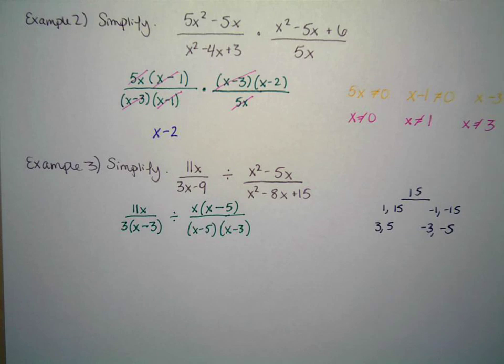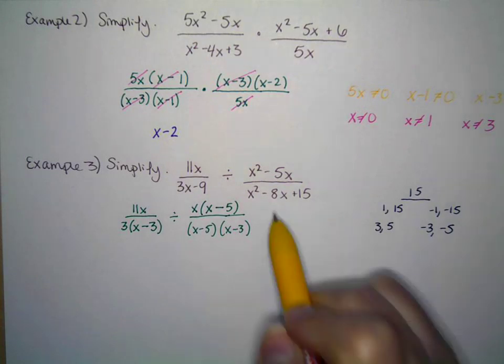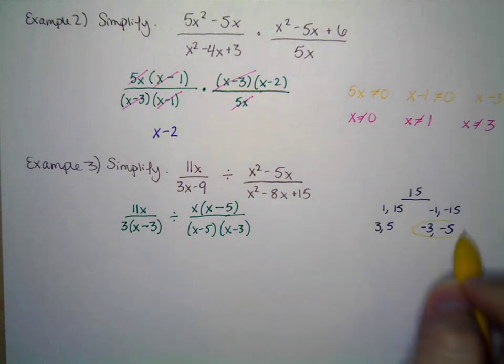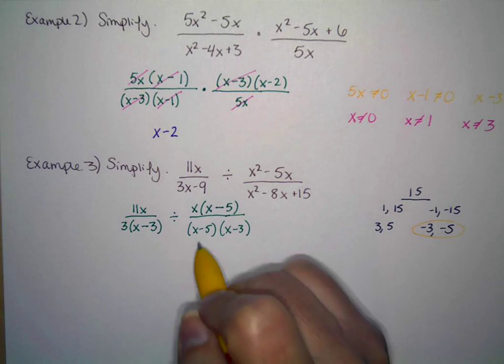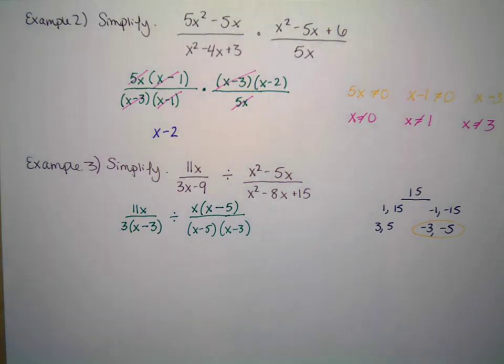And this time, I do have a pair that's going to add up to negative 8. That's this one here, and that's how we got these two factors, x minus 5 and x minus 3. So if you're struggling to find that pair of numbers that multiplies and adds, remember that strategy of making an organized list.